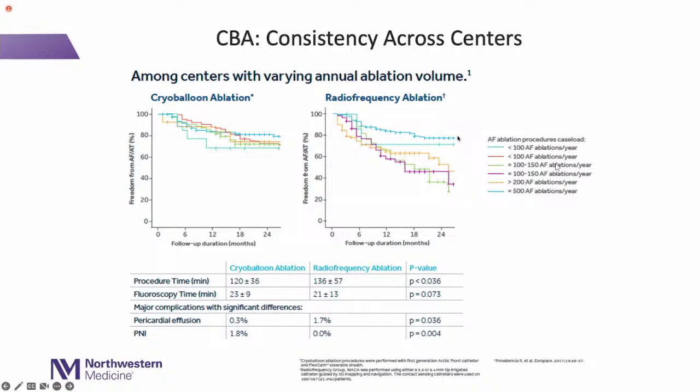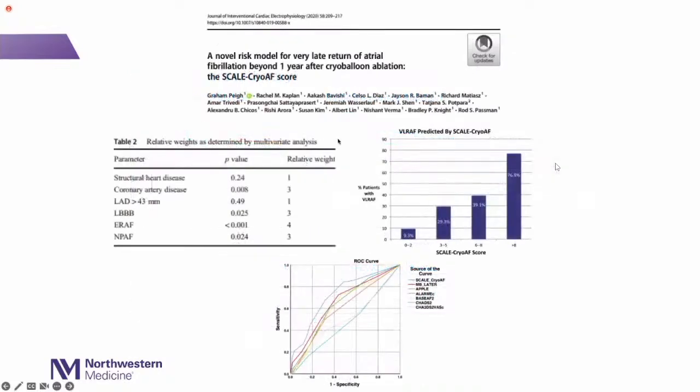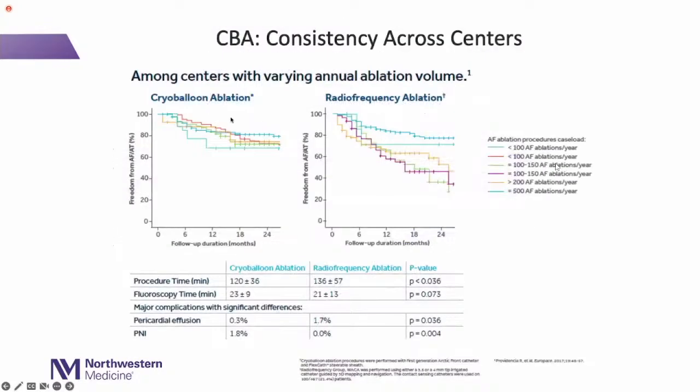With RF, the more ablation procedures you do, the better the outcomes. It seems to be more related to operator experience or procedural experience. The cryoballoon, on average, may be comparable, but you can see that there's much less variability from operator to operator. So I think that has somewhat democratized the ablation approach, but has also made it reproducible in terms of time and experience.